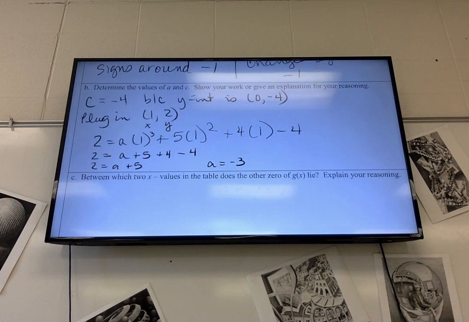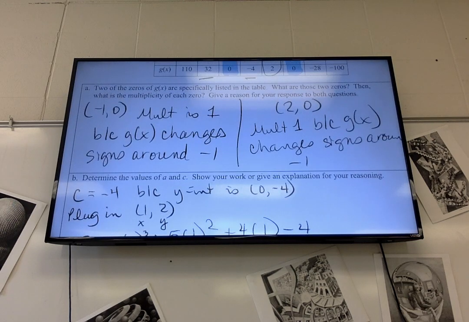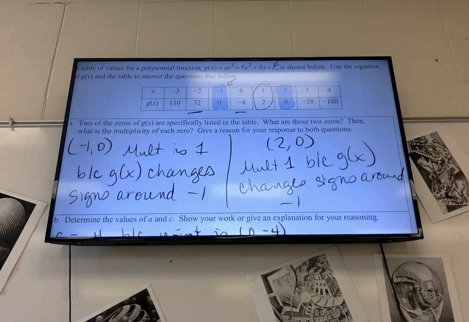Yep. Good to know. So between which two x values in the table does the other 0 of g of x lie? It's good to know, y'all. Kind of important. The other 0 is going to happen somewhere.